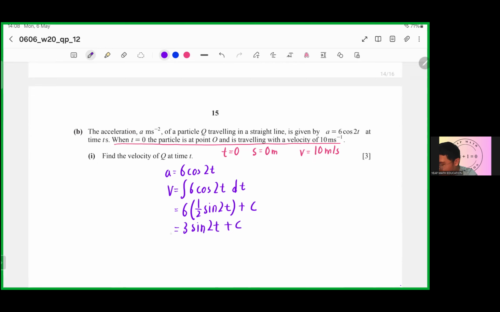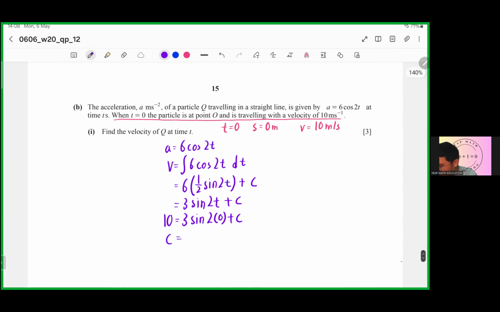Now I put 10 equals 3 sine 0 plus c, so c equals 10, because sine 0 equals 0. So I can write v equals 3 sine 2t plus 10.